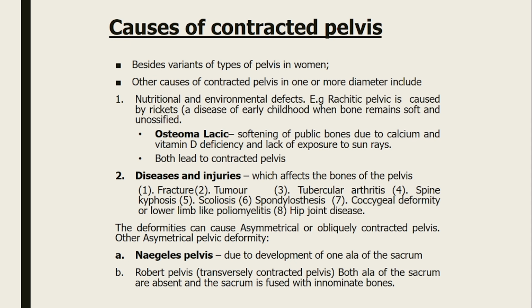Spine kyphosis, or spine scoliotic conditions of the spine, spondylolisthesis, coccygeal deformity, poliomyelitis, and hip joint diseases are some of the diseases that can affect the integrity of the pelvic bone.